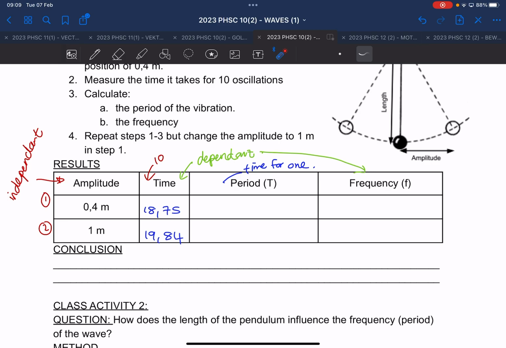Okay. So the time for 10 oscillations was 18.75. 18.75 was for 10 oscillations. So we want to know how much is that for one oscillation. You can take out your calculator, but you should be able to do this in your head.